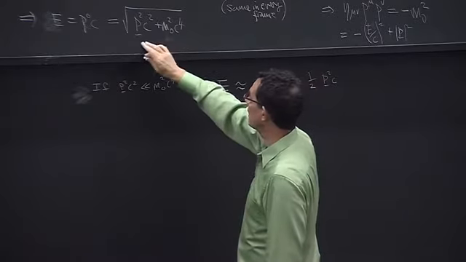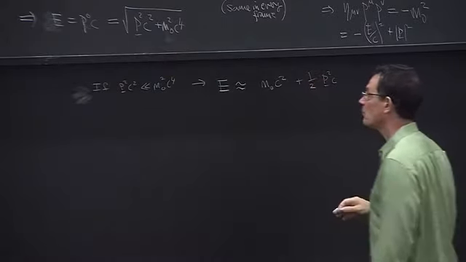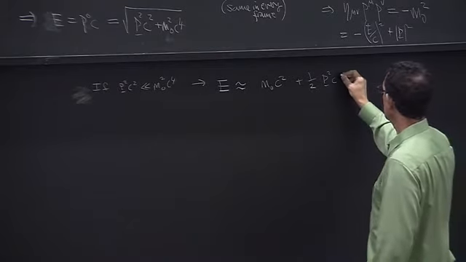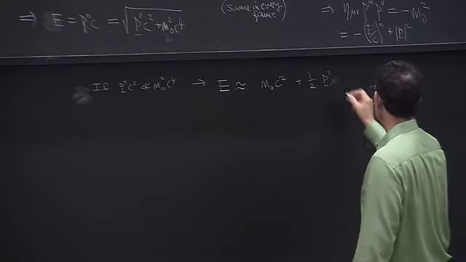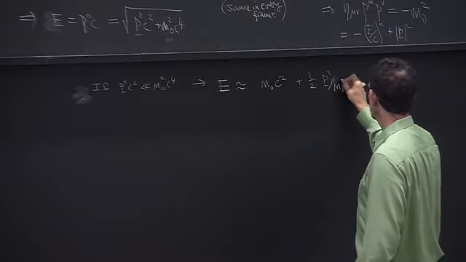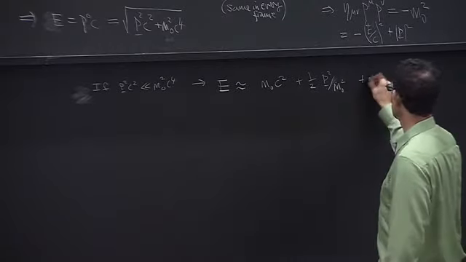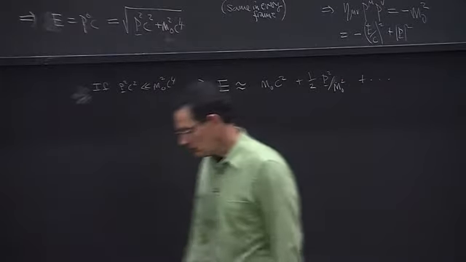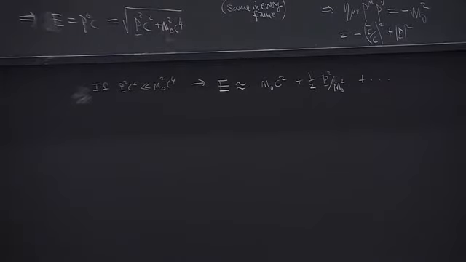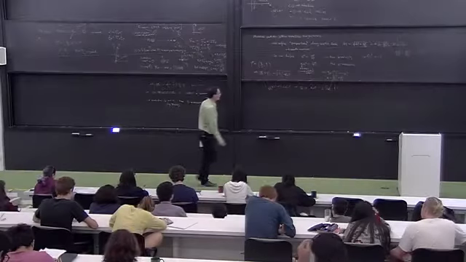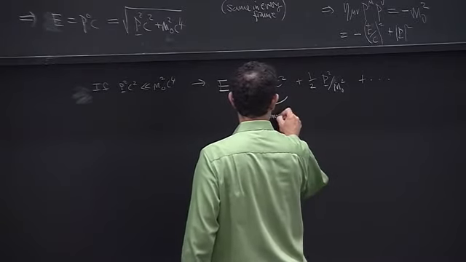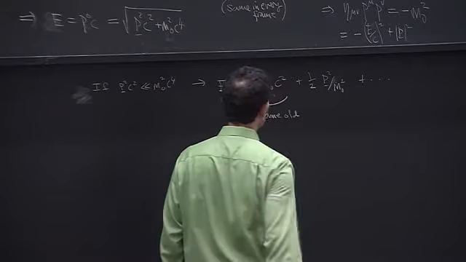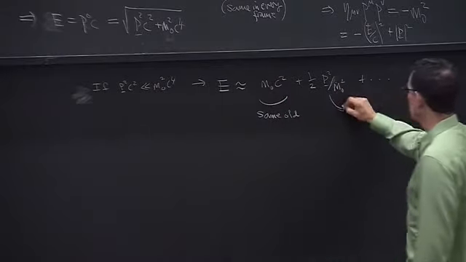So I've got to divide by that and expand. So I'm just going to get p squared over m naught plus ... Just expanding the square root in a Taylor series. So this is the same old term.